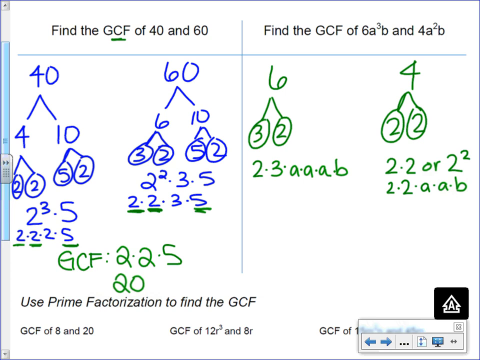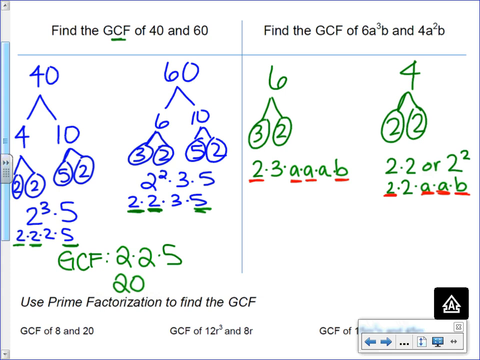Do they have a 2 in common? Yes. Do they have a 3 in common? No. This one has 3, but this one doesn't. Do they have an A in common? Yes. Do they have another A in common? Yes. Do they have another A in common? No. Do they have a B in common? Yes. Do they have another 2 in common?